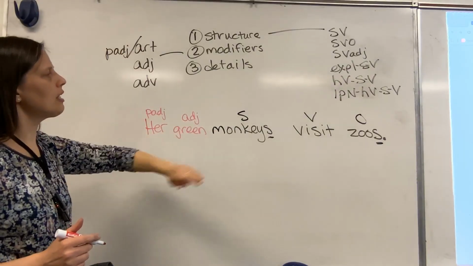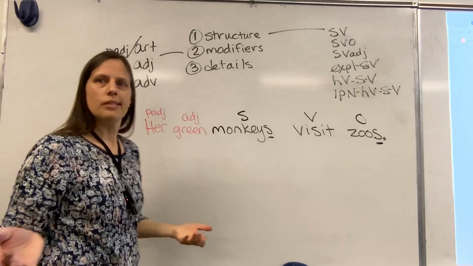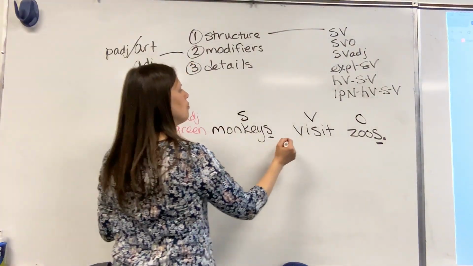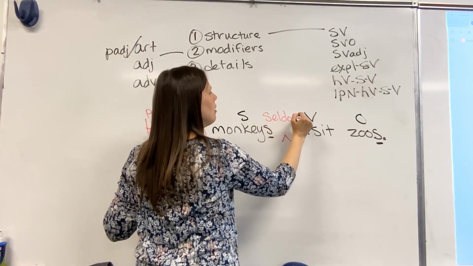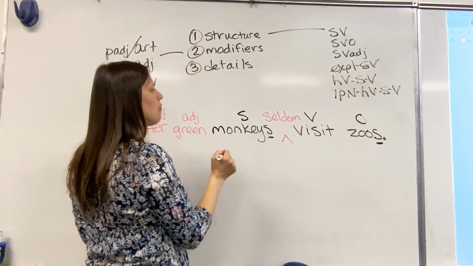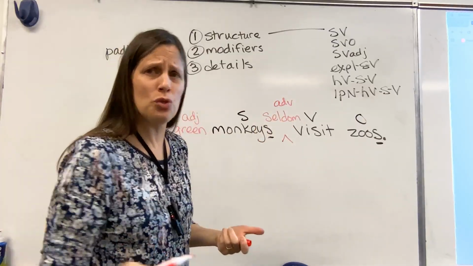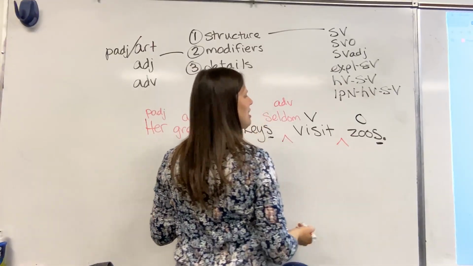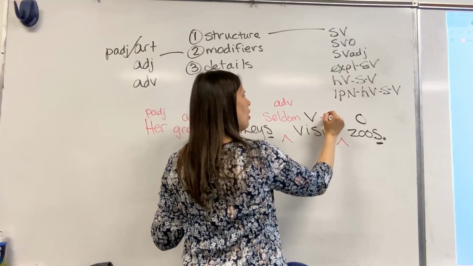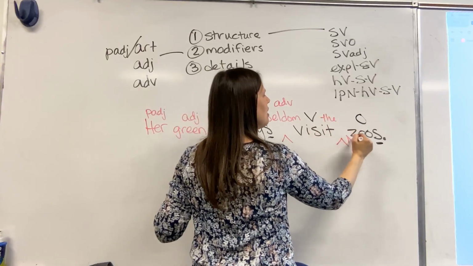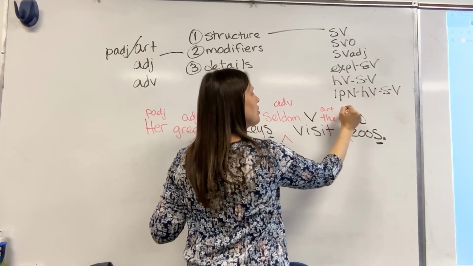So her green monkeys. Now I want to add a modifier for the verb. How often do they visit zoos? Maybe we say seldom. Seldom means not very much. They seldom visit the zoos. There's our adverb. What kind of zoos do they visit? Maybe they visit the zoos. The zoos. So we have an article. Maybe they visit the city zoos. So now we have an article and an adjective.